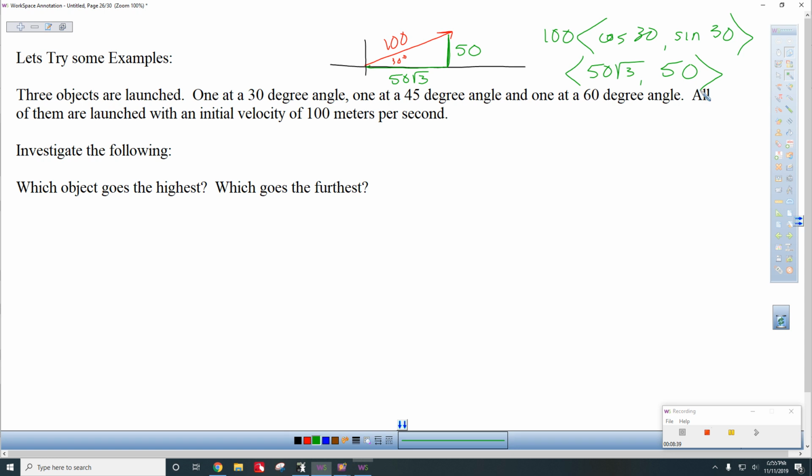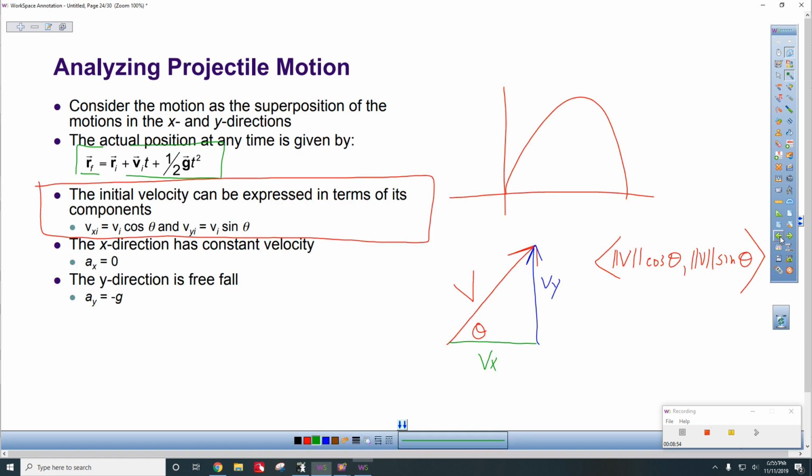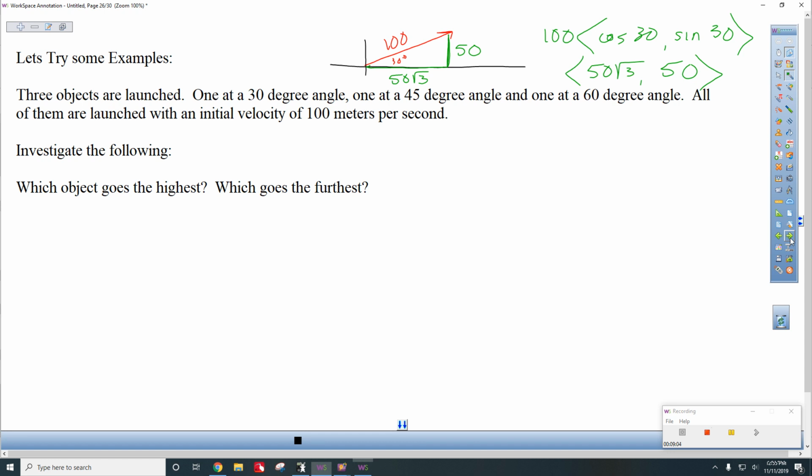Let's go back to get our equation out for this, because you guys are not used to working with vector equations. So we're going to use this equation right here. Okay? So it says the final position. So R is a vector that represents position. It points to wherever our object is at any point in t time. Sorry, that's velocity.